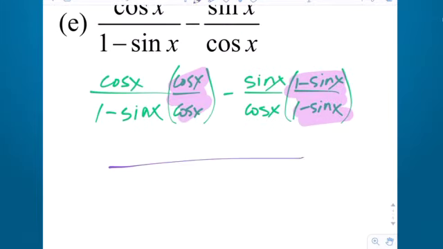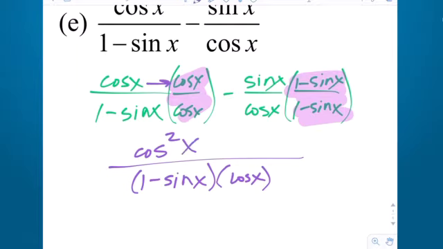So on the next line, I can just join them together already, and my common denominator is 1 minus sine times cosine. Now I'll multiply straight across. In the top, I get cosine times cosine, which is cosine squared. And then I'm going to distribute, but you got to be careful because it's minus.